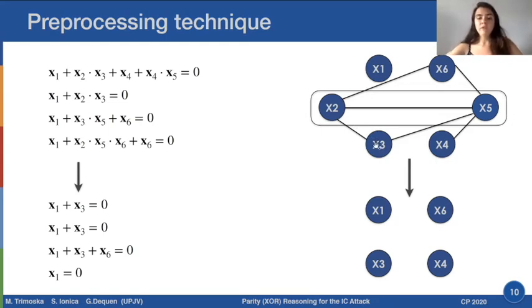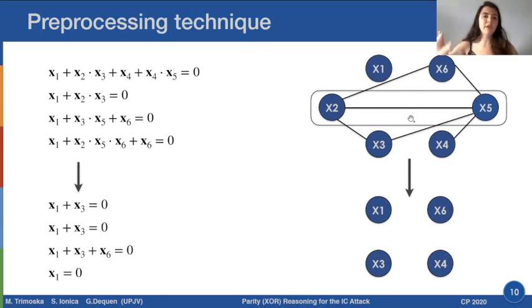So now imagine if we find the minimal vertex cover of this graph here. Just recall that the minimal vertex cover is a subset of vertices in which, for every edge in the graph, at least one of the extremities of the edge is in the vertex cover.